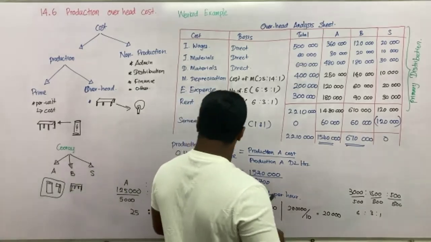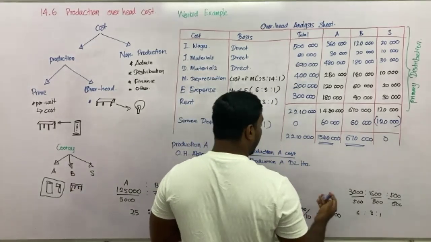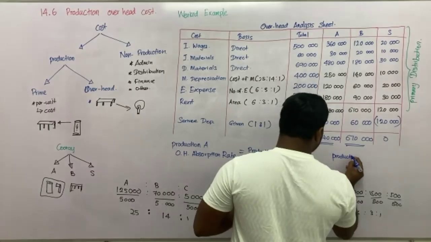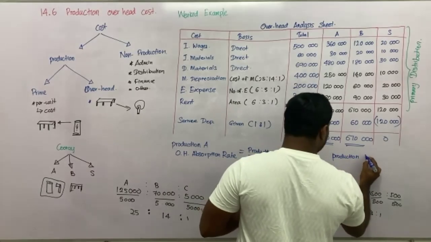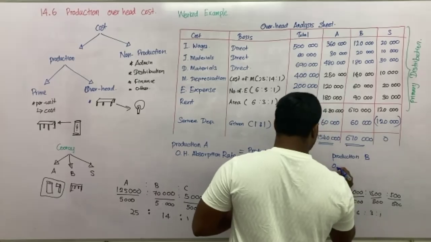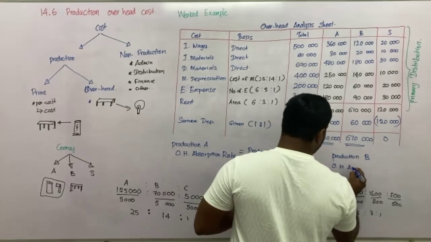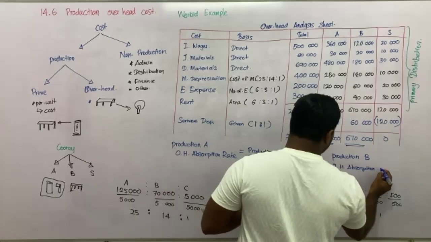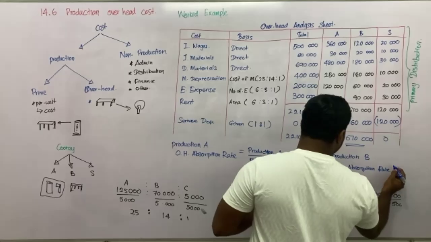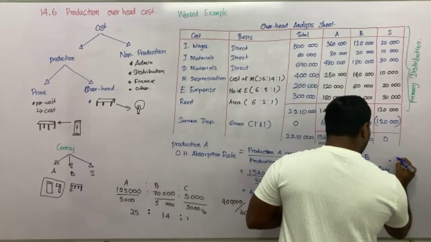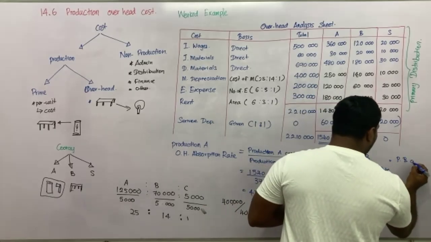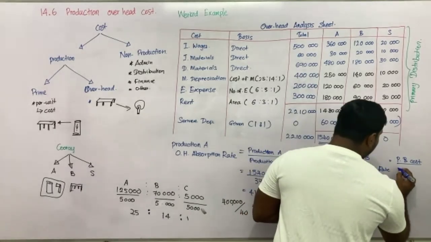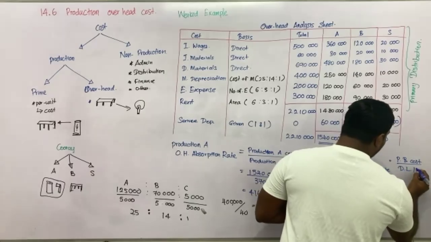Likewise, we have to do this for production department B. Overhead absorption rate. So production B cost divided by direct labor hours.